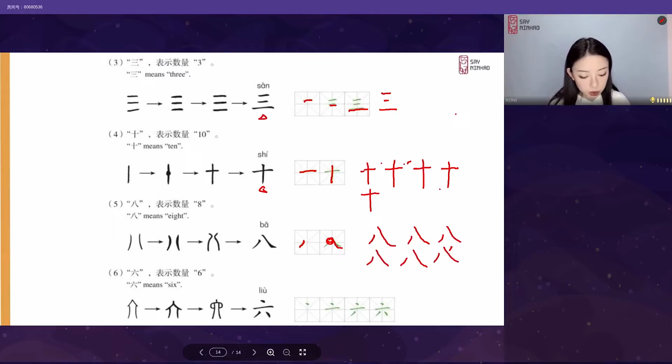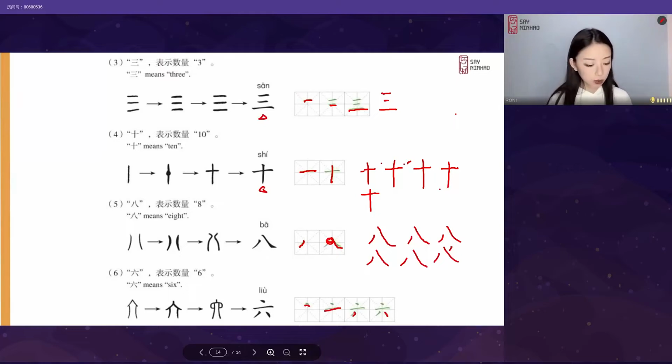The last one is 六, which means 6. Read after me, please. 六. Let's see how to write it. First, there is a dot, and then a horizontal, and then a left falling, and then a dot.